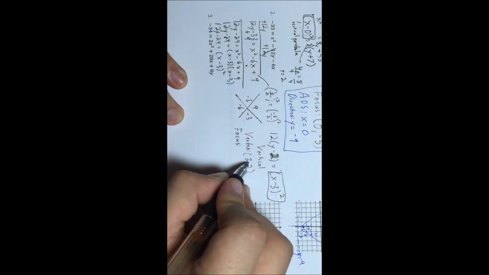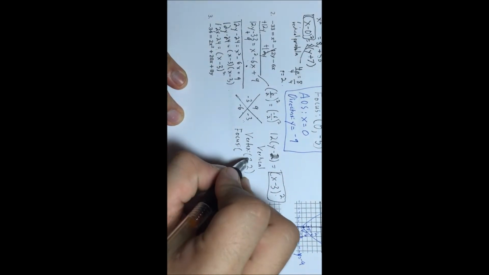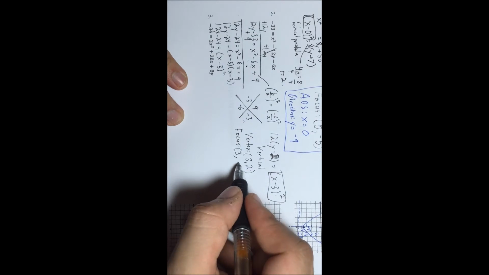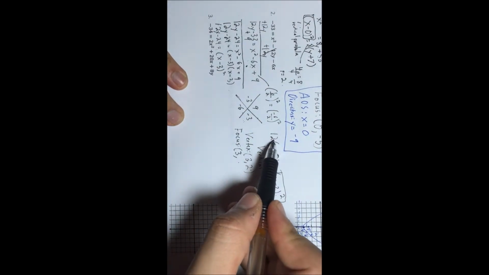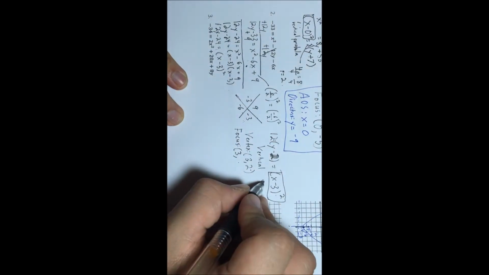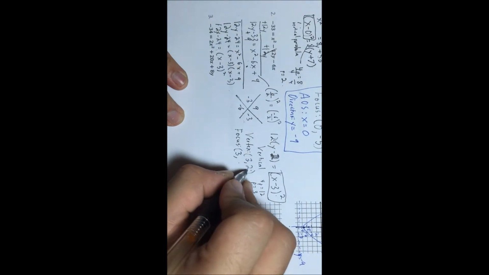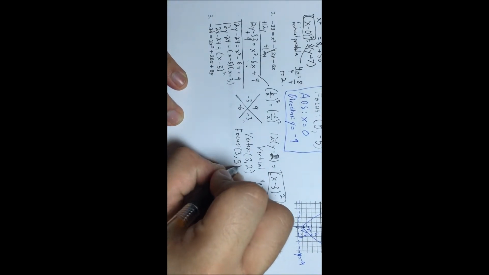The focus is just going to be the x value of the vertex, but again, we have to add the p to get the y of the focus. We look over here, 12. This number is 4p, so 4p is equal to 12, thus p has to be equal to 3. So 2 plus 3 is going to give us 5.